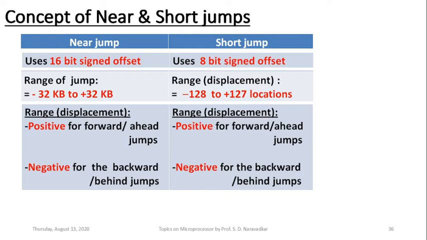The user can put that short label whenever sure that the displacement will be within the range of minus 128 to plus 127 locations. With such a short label, my instruction gets optimized. It requires one memory location less to store that jump instruction. That is the advantage.